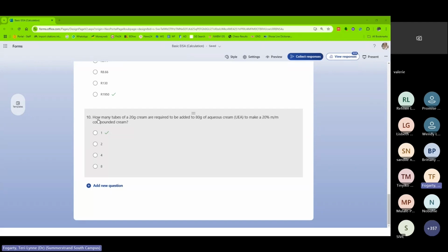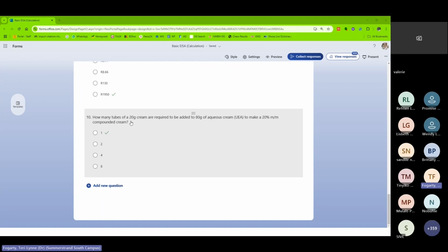And if we look at our question, it says how many tubes of a 20-gram cream are required to be added to 80 grams of aqueous cream to make a 20% mass per mass compounded cream. So once my cream is finished being compounded, it must have a percentage mass per mass of 20%, which means 20 grams of active in 100 grams of the compounded cream.